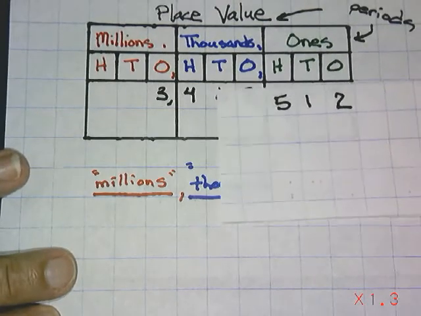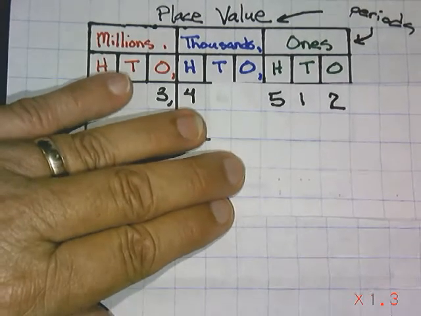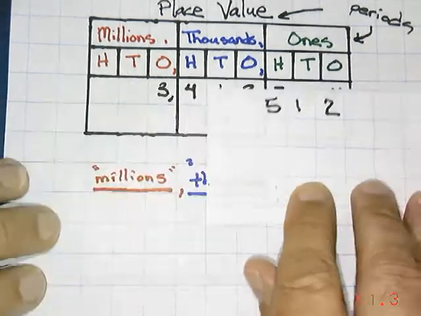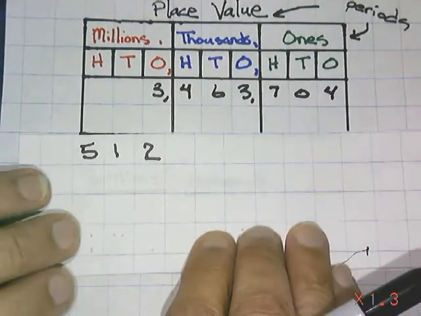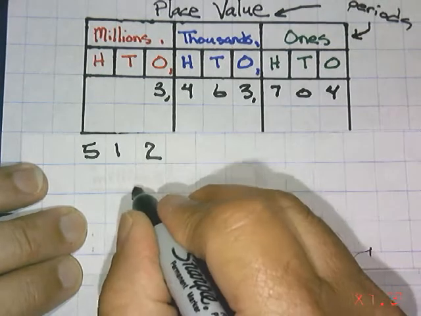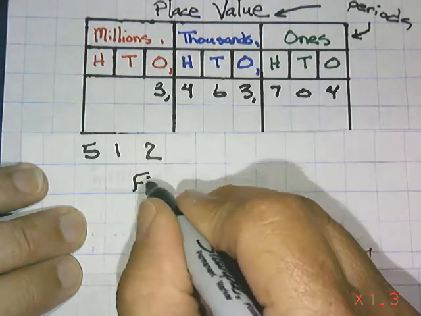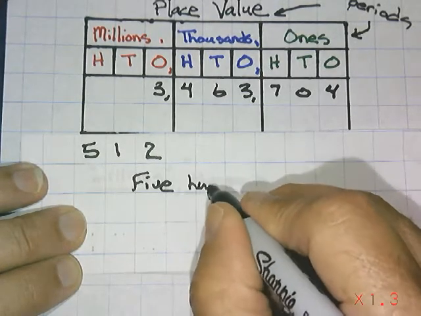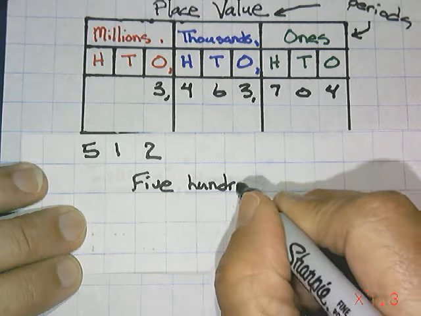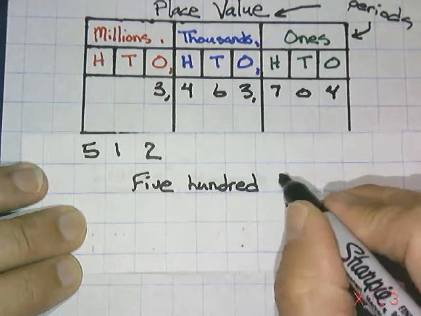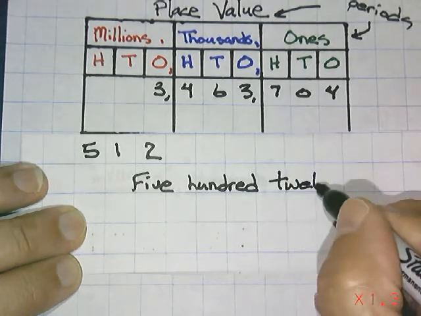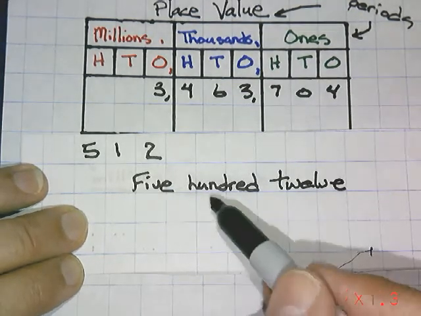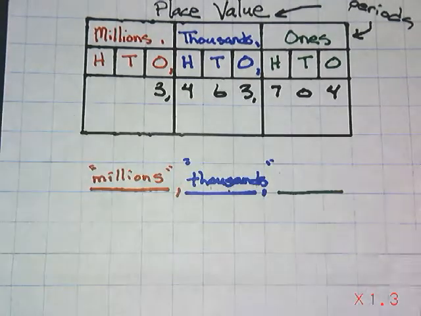Well, if I kind of line that up with our place value, you can see that 512 is a 3-digit number, hundreds, tens, and ones. That's all within the ones period. So 512 written in word form, I'm just going to write it just like it sounds, five hundred twelve. I suppose you have to be reasonably good at spelling, but that's your word form for 512.